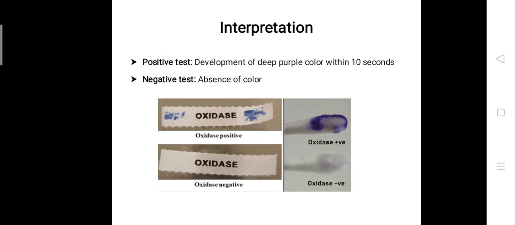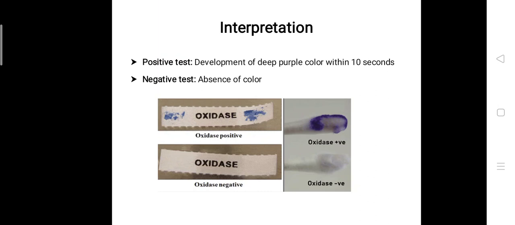In the positive test, it is written that development of deep purple color within 10 seconds is indicative of a positive oxidase test.